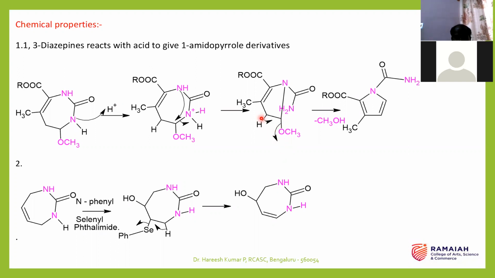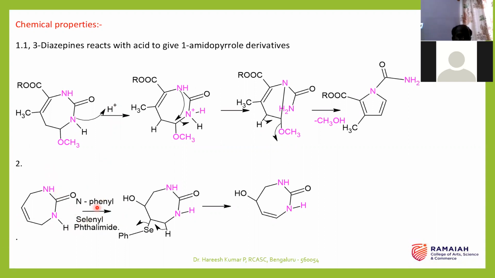That time the bonded pair will come over here, and this is how the pyrrole substituted product is formed when 1,3 diazepine is treated with a proton, maybe from HCl or sulfuric acid or PTSA or any sulfonic acid or any proton source.